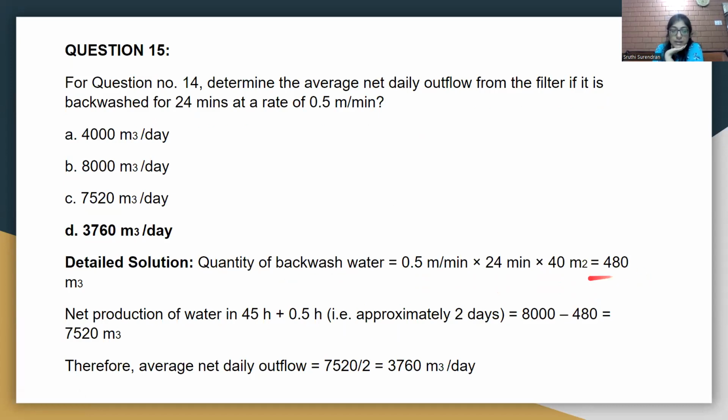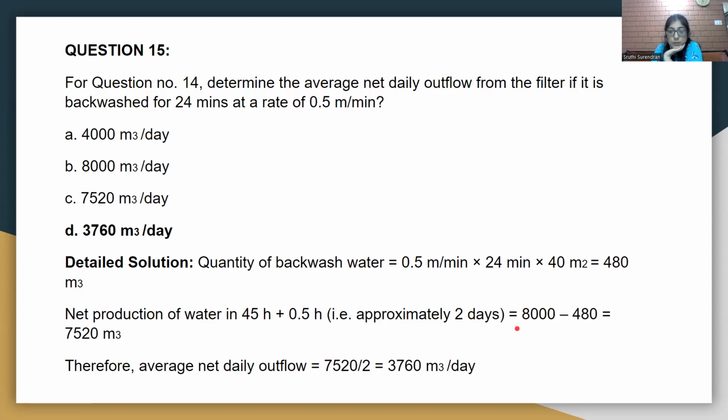That is 480 meter cube. Now net production of water is going to be 45 hours, which is also given in the previous question. 45 hours of filtration is done plus 0.5 hours for the backwashing.